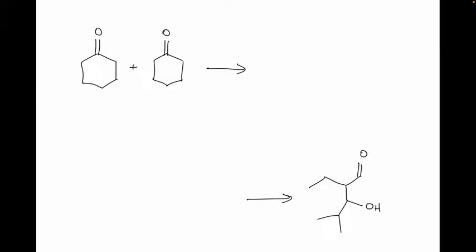All right, so I'm going to pick one to be my enolate, so that means that my negative charge is on this alpha carbon. Now I'm going to connect the alpha carbon on one to the carbonyl carbon on its neighbor.